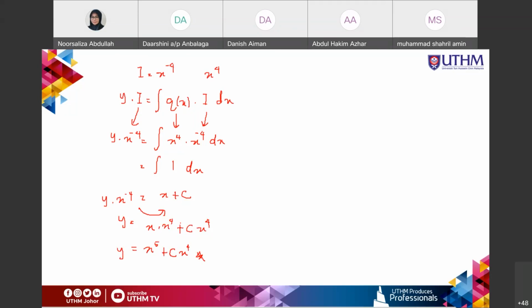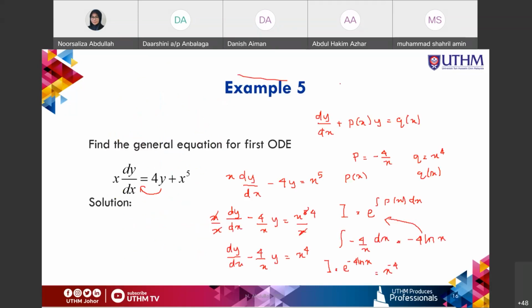Doktor, boleh explain step nombor 4 dari bawah tu tak? Okay, yang atas ni, yang sebelum ni, kita gantikan I dengan x kuasa minus 4. We replace I with x power of minus 4, and then Qx with x power of 4. Qx is from here.